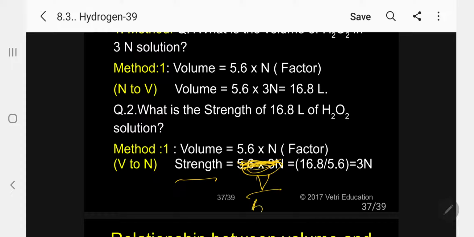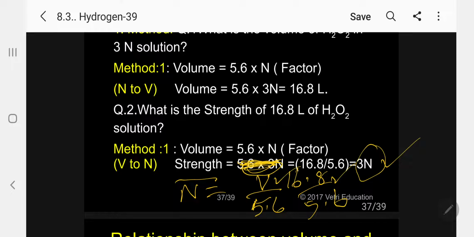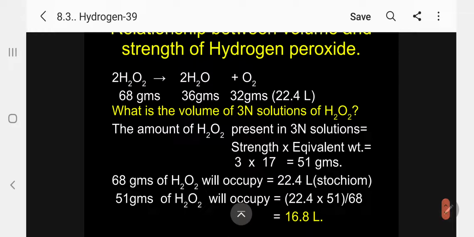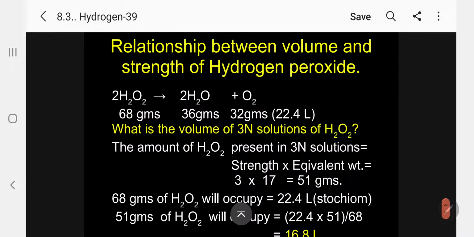That is, N equals volume 16.8 divided by 5.6. If you calculate that, 16.8 divided by 5.6 is 3, that is, 3N is the correct answer. Kindly follow.